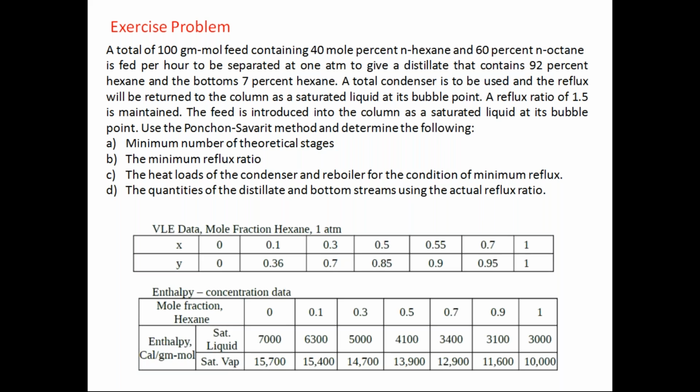I have given the VLE data as well as enthalpy concentration data. So first you have to draw the HXY diagram, and below that, matching the same scale, you can draw the XY diagram also. So keep both diagrams ready, and then you can do this problem.